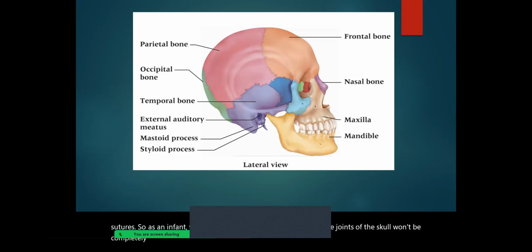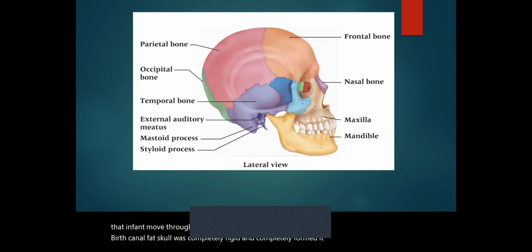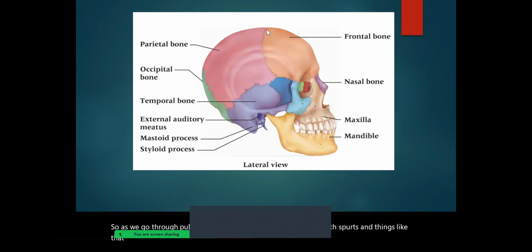There are soft spots within the head, and that's also designed to help that infant move through the birth canal. If that skull was completely rigid and completely formed, it would be a lot more difficult. So as we go through puberty and adolescence and we still see growth spurts and things like that, we'll also have a lot more hardening of these sutures or those joints essentially of that skull itself.